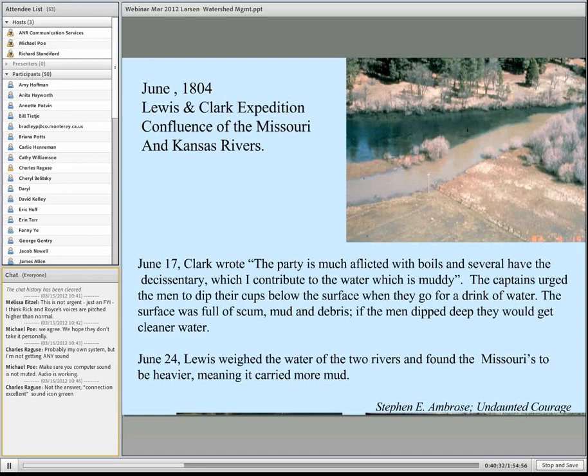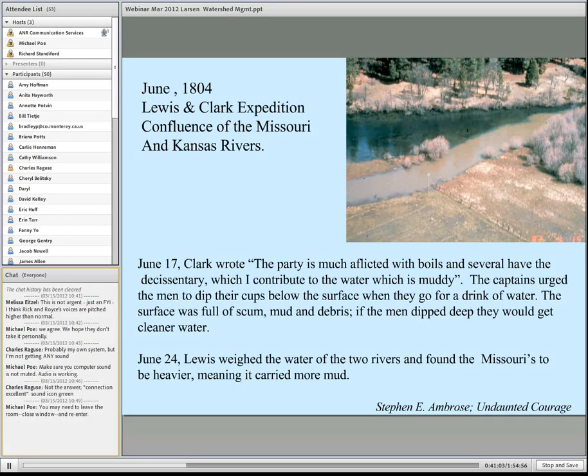This whole idea of natural erosion processes going on has gone on, as I said, over geologic time. In more recent time, there's an interesting little quote from the Lewis and Clark expedition in a book that Stephen Ambrose wrote called Undaunted Courage, where he quoted them as saying, "The party is much afflicted with boils, and several have dysentery, which I attribute to the water, which is muddy."